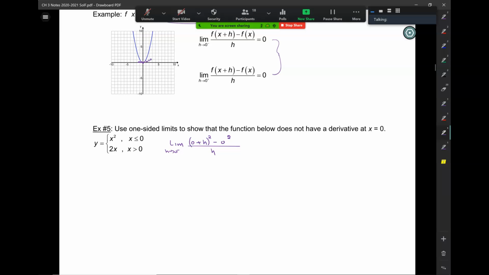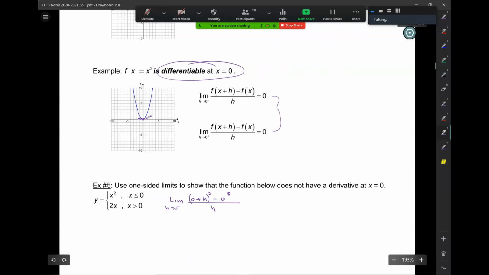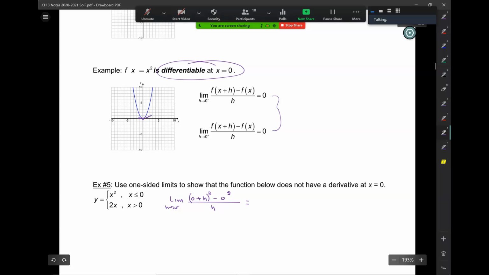I'm not using the alternate definition, but the one that I told you right before the test, where we have f of a plus h and so on. So from the left-hand side, we're using x squared.